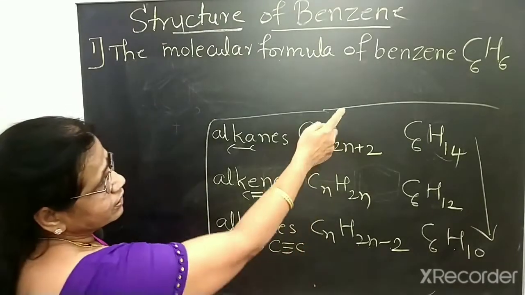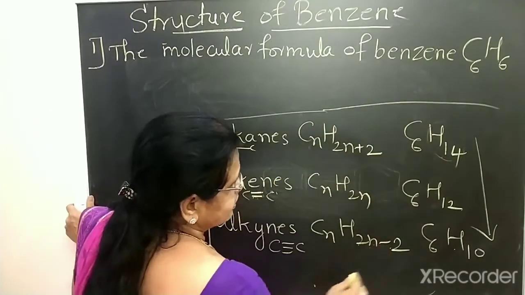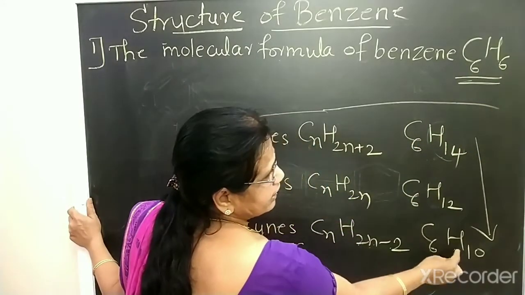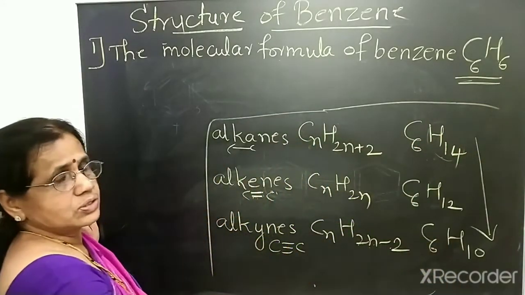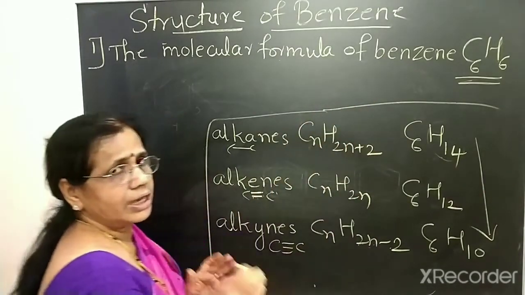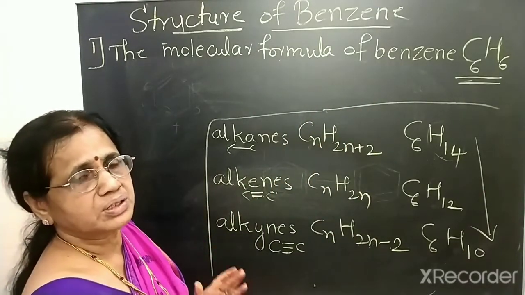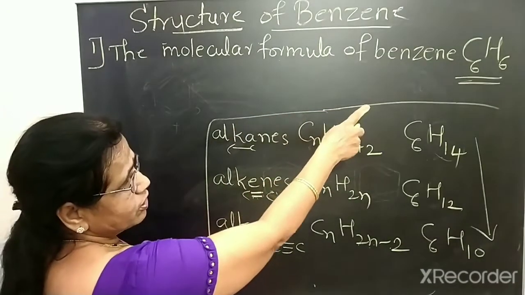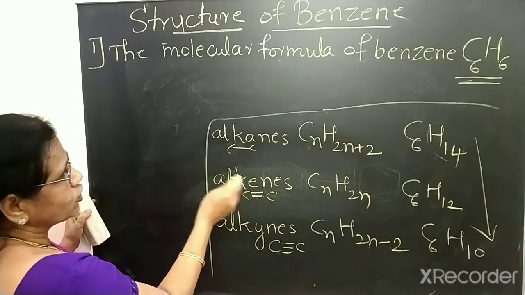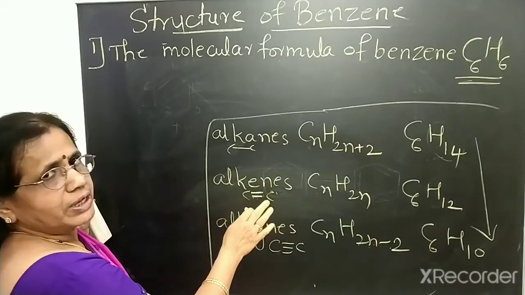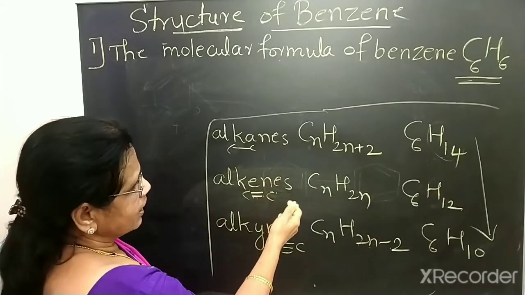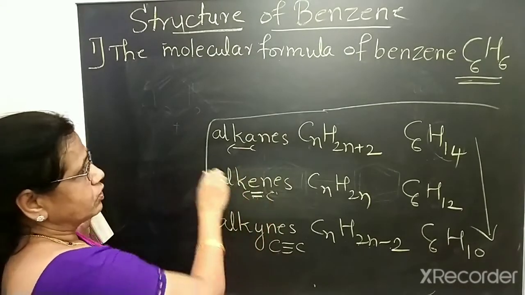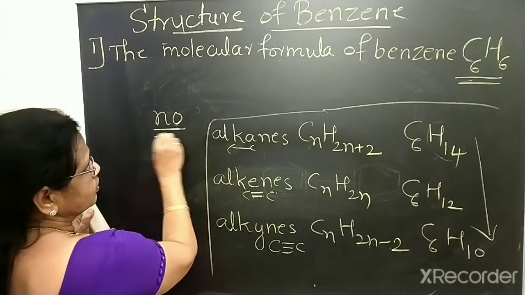So if you take the benzene formula C6H6, what does it indicate? The number of hydrogen atoms is again less than in the alkynes, so it indicates high unsaturation in the molecule. The molecular formula of benzene cannot be compared with the formula of alkanes, alkenes or alkynes. It is entirely different.